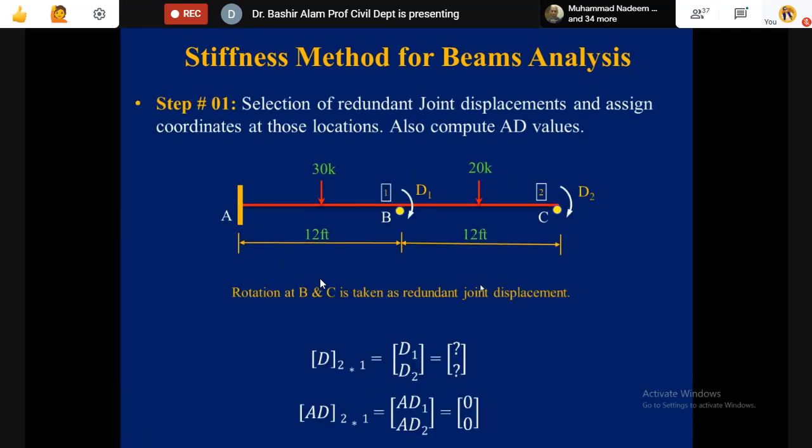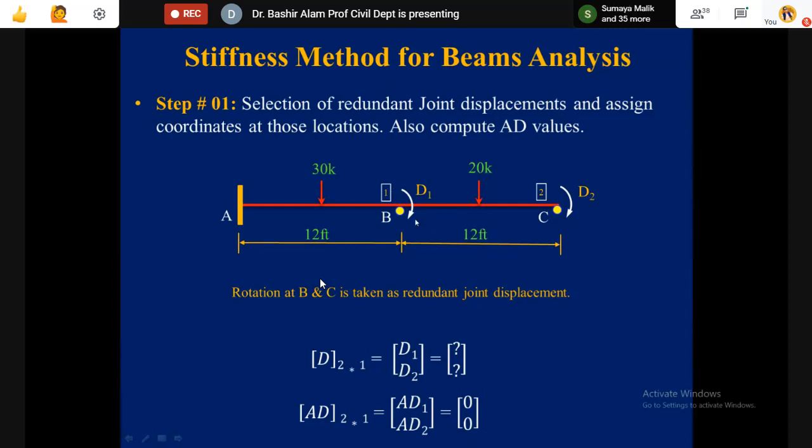So here now we identify rotation at B as D1 in clockwise direction and rotation at C as D2 in clockwise direction. And you can see in the rectangles 1 and 2 also, these are the coordinates now. At this location D1 and D2, we declare them as our unknown joint displacements.